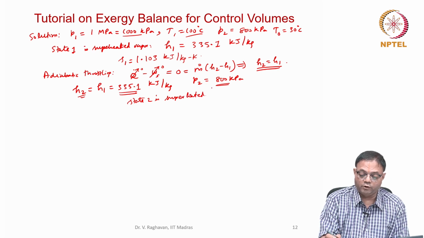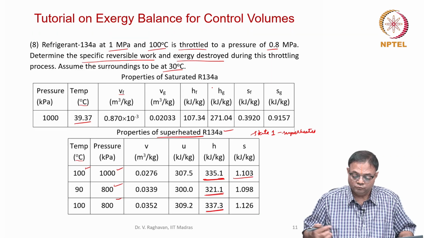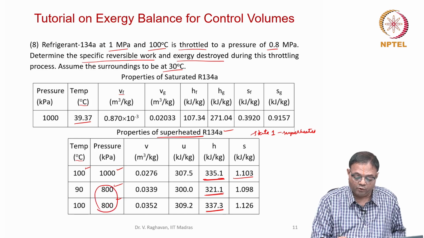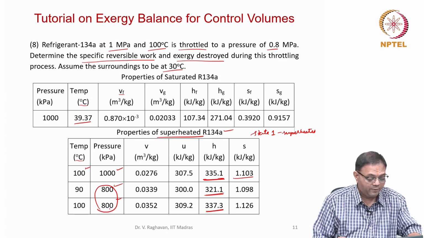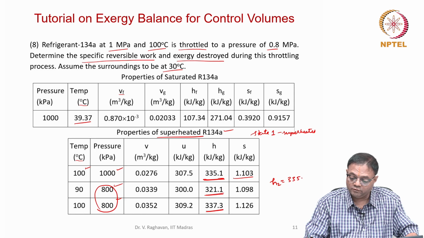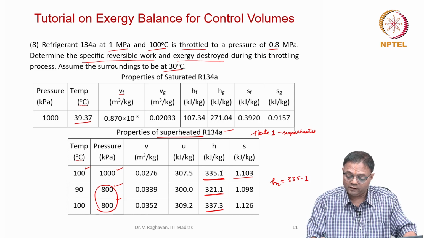In order to get the values, I go to the superheated table corresponding to 800 kilopascals, and I find the value of 335.1. So, H2 was calculated as 335.1.